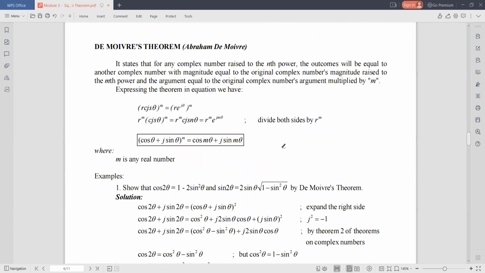Okay, we have our next topic. This is De Moivre's theorem, from Abraham De Moivre.